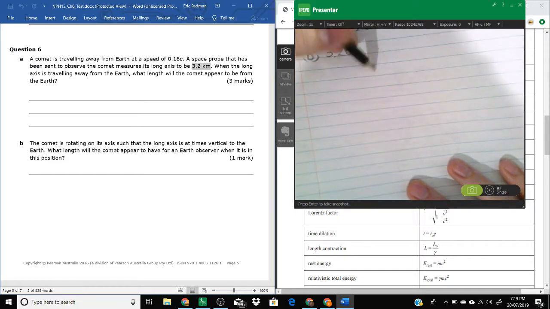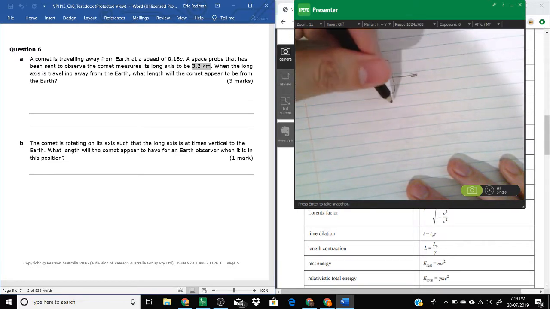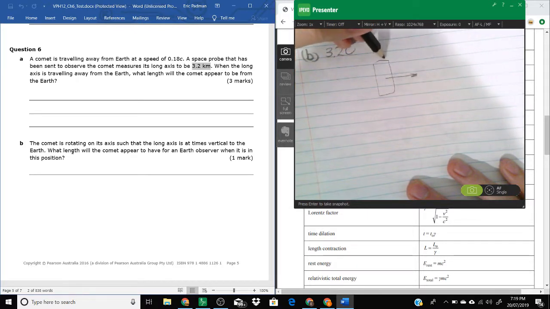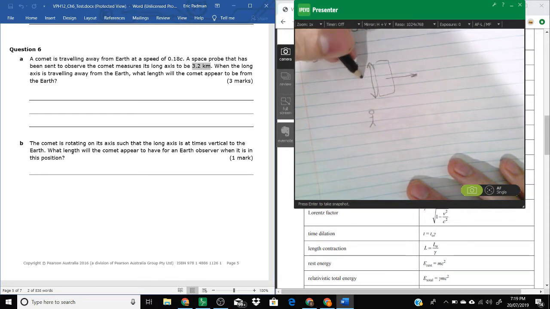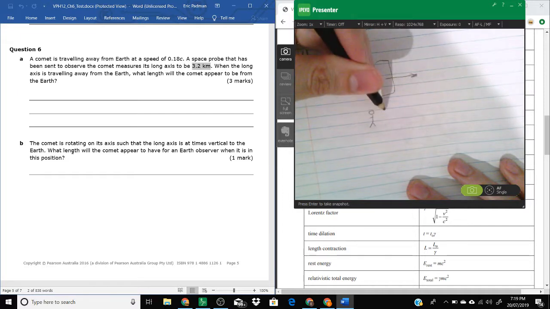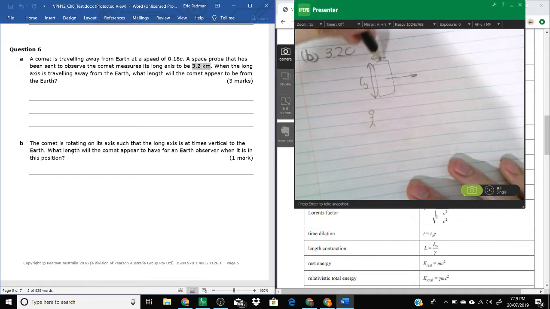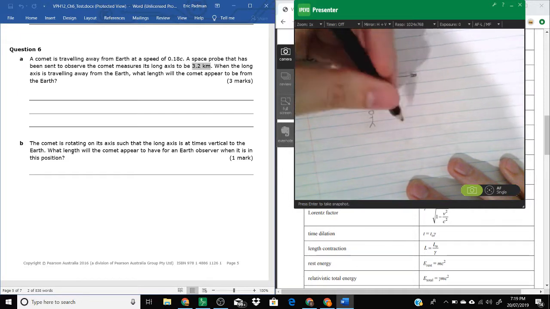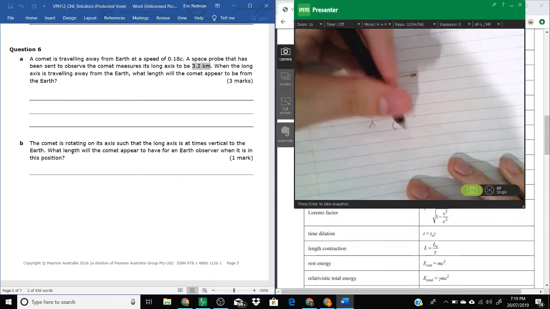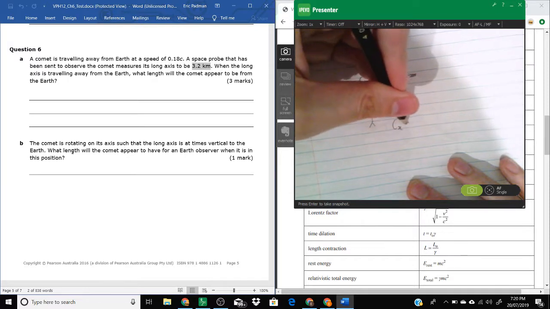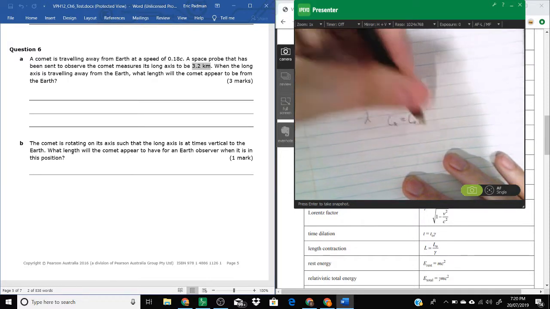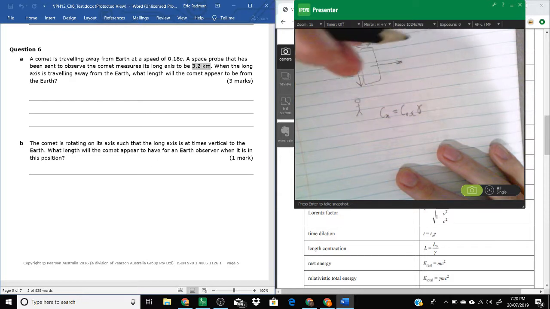So if you have a body that's moving at relativistic speed, when the observer looks at it, if I say that this is Ly and that's Lx, Lx does contract, so you have Lx times the Lorentz factor.